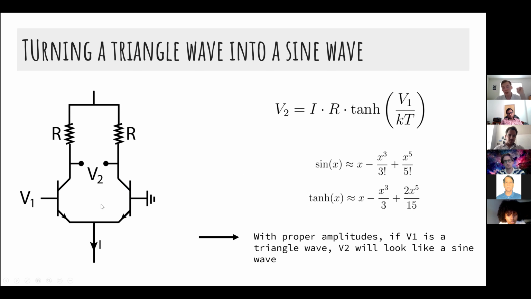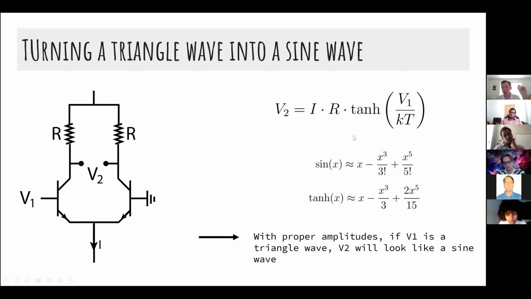A little bit more information on that triangle to sine wave conversion. Why we're using the paired differential transistors is that the voltage across the output here is related to the voltage at the input by hyperbolic tangent. Why that's important is if we go back to these old-fashioned Taylor expansions, which you never thought you'd use again, and you always use more, and we look at just the first few terms, we see that they're very similar in the relationship between the two series.